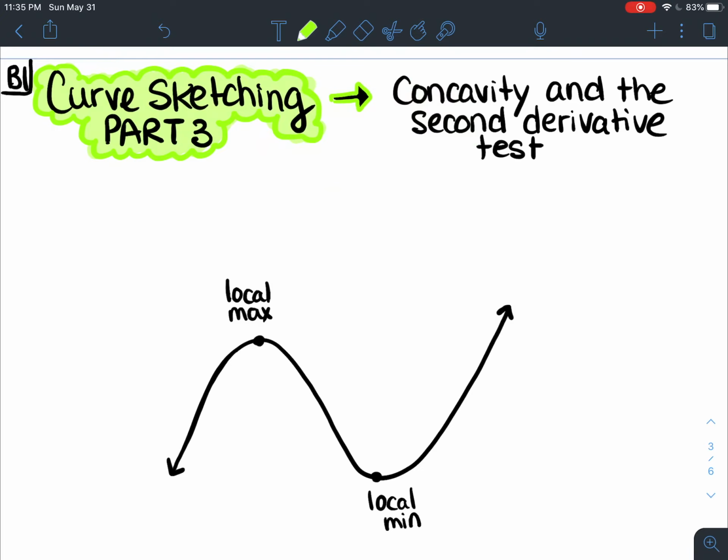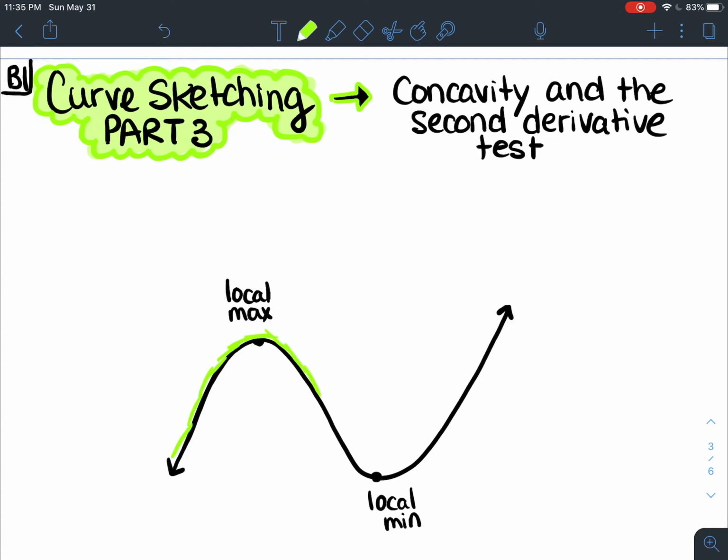If you were to draw tangent lines on this curve, so if we started drawing tangent lines at every point on this curve, you can see that our tangent lines are above the function. They're on the top of the graph.